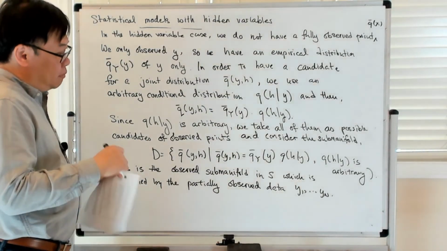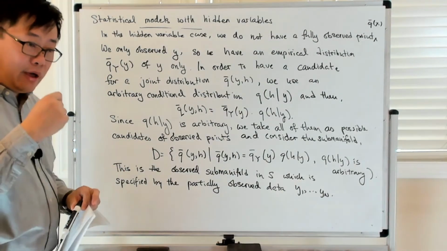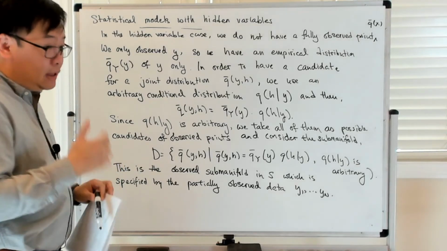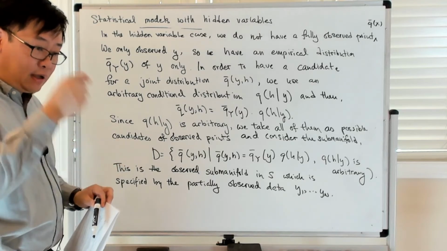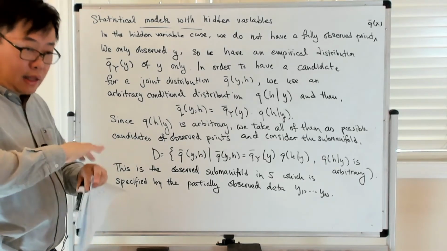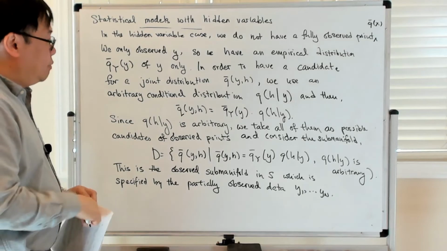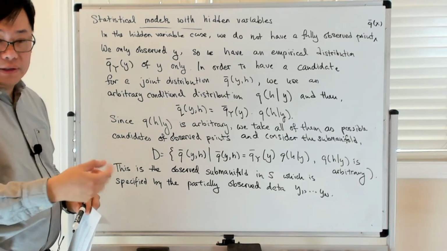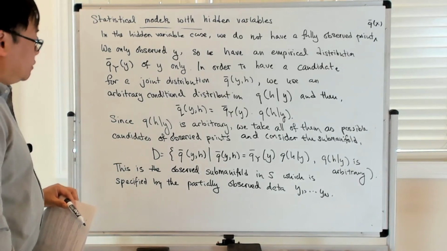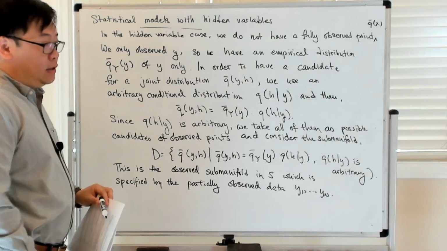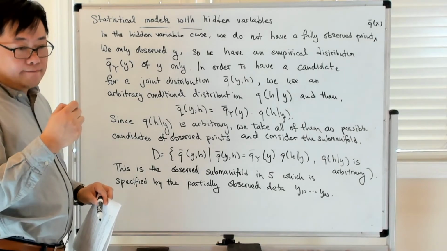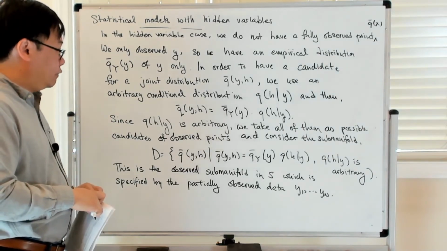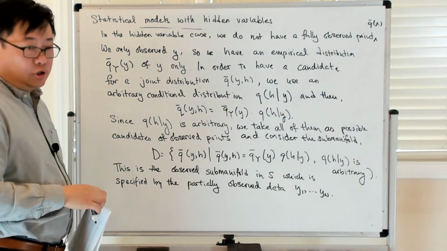If you have a fully observed point, you can construct an empirical distribution, which is just a specific probability distribution in the space you're working with. Because you haven't observed all the possible data, you can't construct a single point estimate which is an empirical distribution.